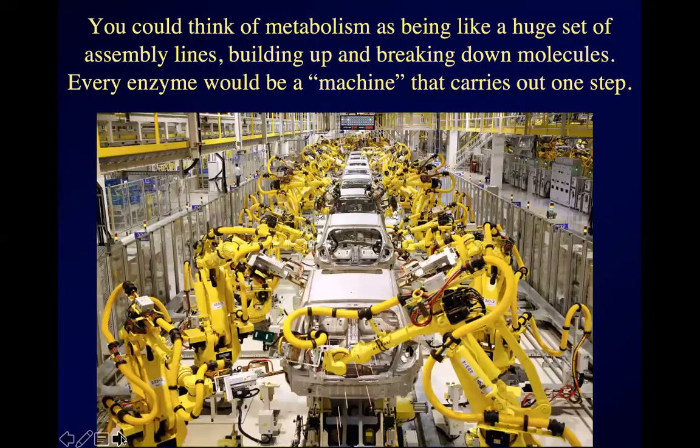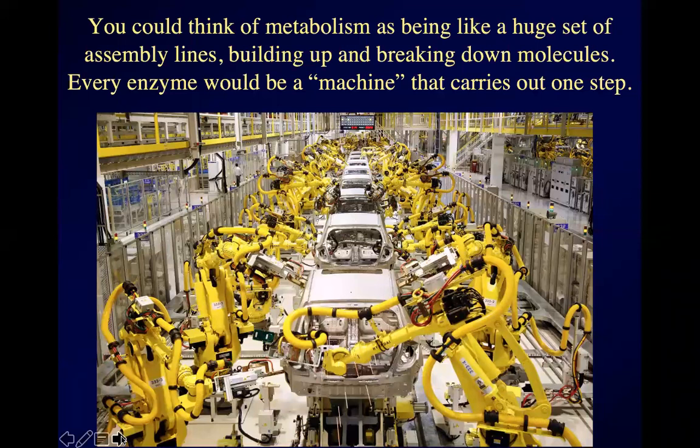And as I've said, you can think of metabolism as being like a huge set of assembly lines. This is a modern auto assembly line, and each of those yellow things is a robot. You have a car body on the conveyor belt. The conveyor belt moves forward. The car body comes up to one robot, and the robot will do exactly one thing.